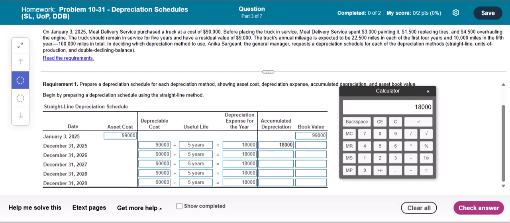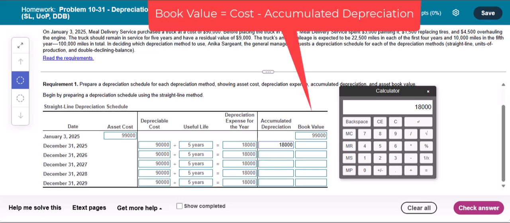And now we have to calculate the book value at the end of this year of 2025. And remember, the book value is the cost of the asset minus accumulated depreciation. So we're going to have 99,000 as the previous book value here. Subtract that accumulated depreciation for the current book value for the end of 2025. And that is 81,000.